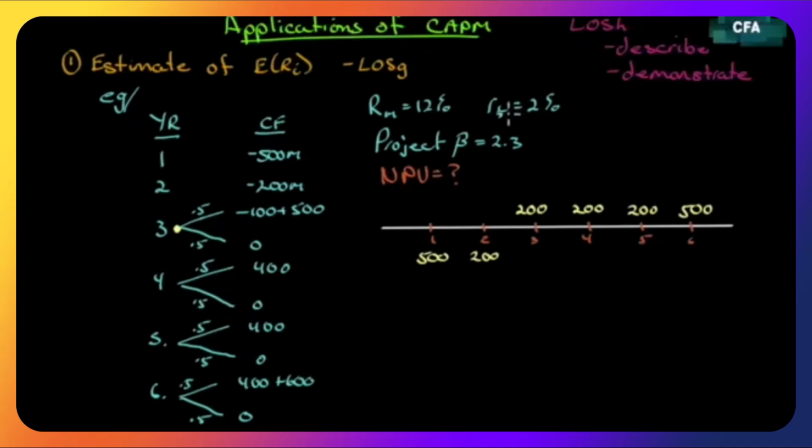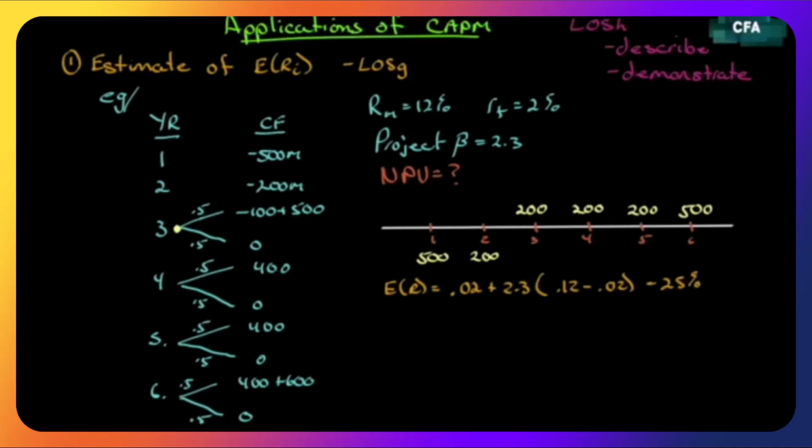Our expected return is going to equal our risk-free rate, 0.02, plus our beta, 2.3, multiplied by the return on the market minus the risk-free rate. There we go. That will give us 25%. So that's our required rate of return. So now we just have to discount these cash flows back to today, the net present value, by 25%.